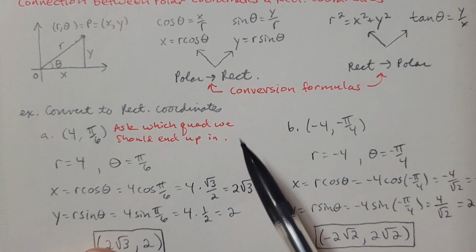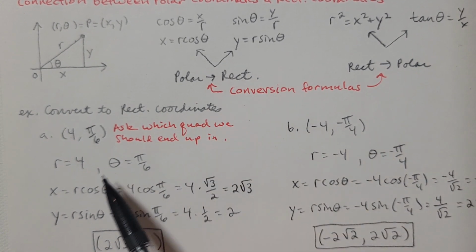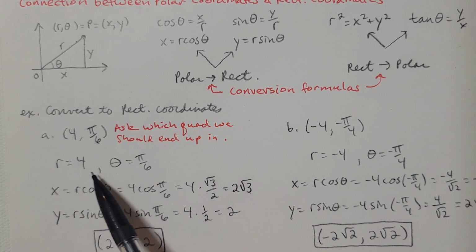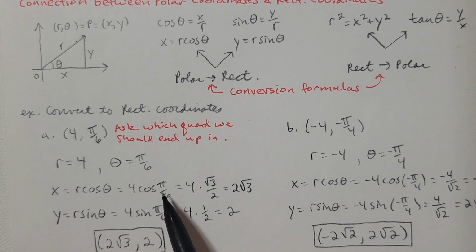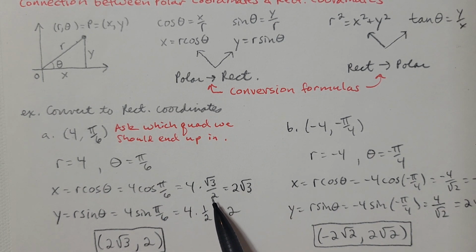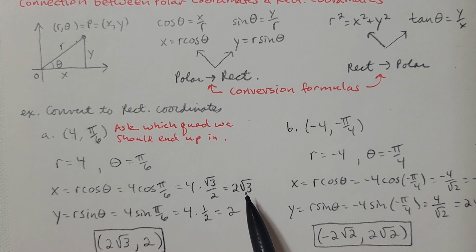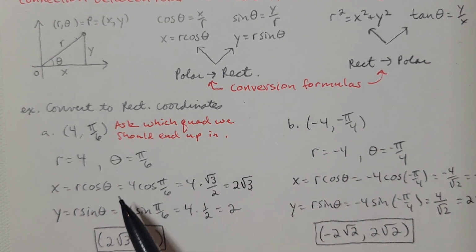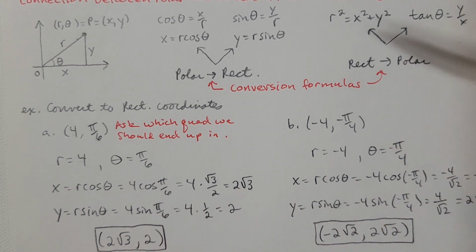Using these formulas here, x equals r cosine theta, so x is equal to 4 times cosine pi over 6. Cosine pi over 6 is root 3 over 2, and when I multiply that by 4, I get 2 root 3 as the x value. y equals r sine theta. r is 4, theta is pi over 6.